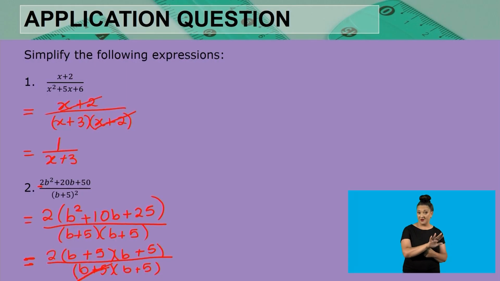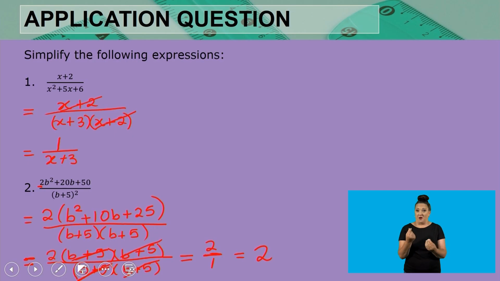So b plus 5 divided by b plus 5 will give us 1. Again, b plus 5 divided by b plus 5 will give us 1. That leaves us with 2 divided by 1, which in actual fact is just equal to 2, because we know that any number divided by 1 remains that number.